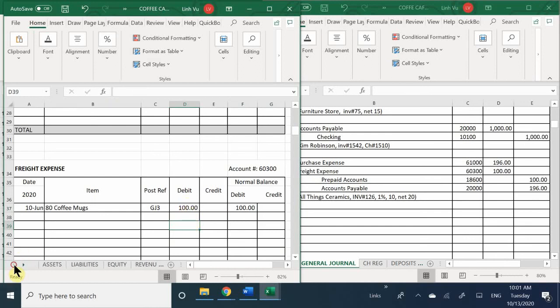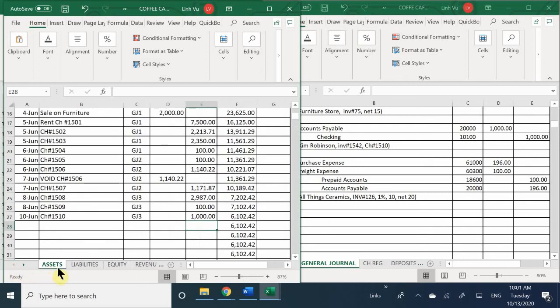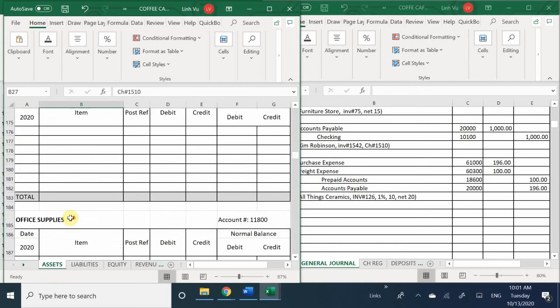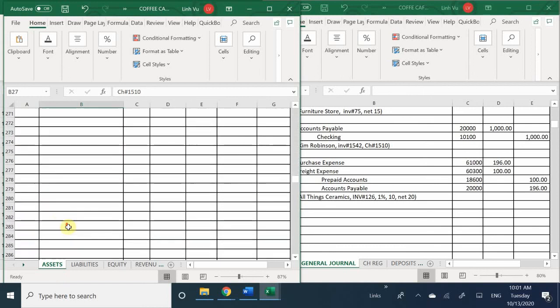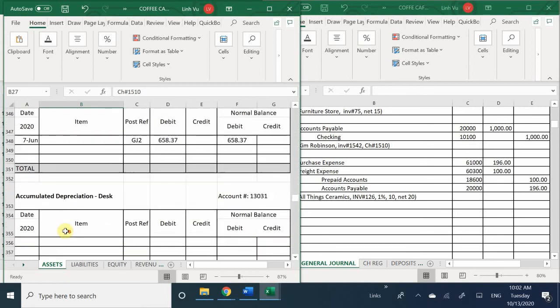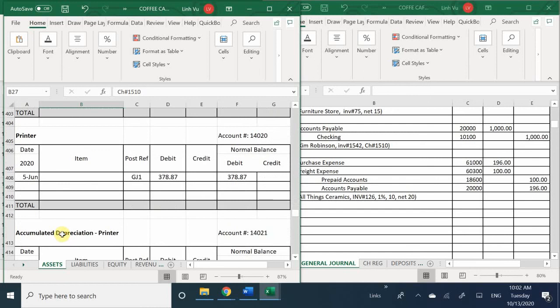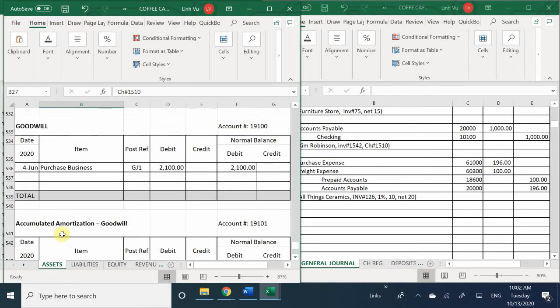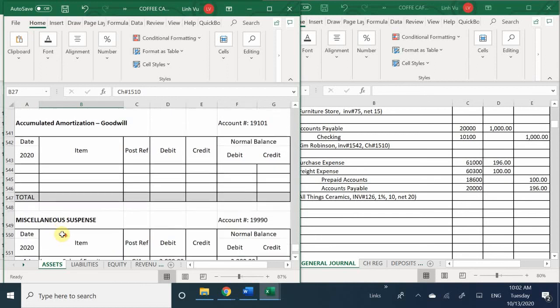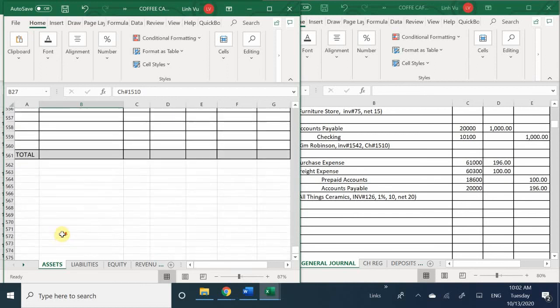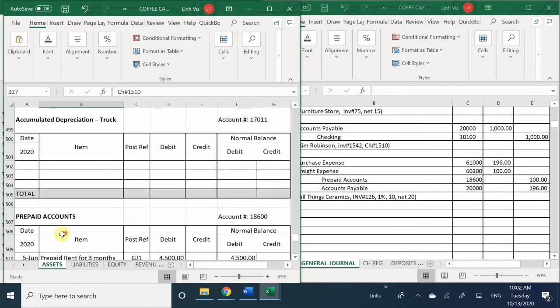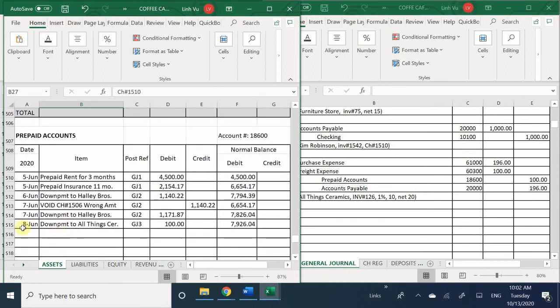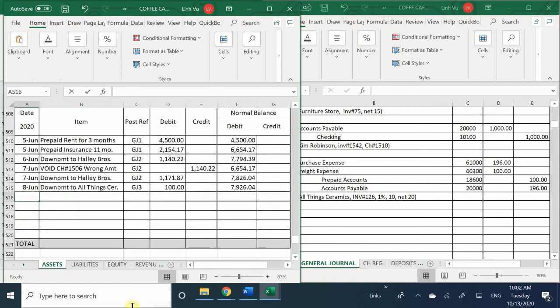Now I'm going to go to my next account, which is my prepaid account, right? And I'm going to scroll all the way down until I find it. I'm at equipment. Okay, so here's miscellaneous expense. So I missed it already. So prepaid accounts right here. June 10.